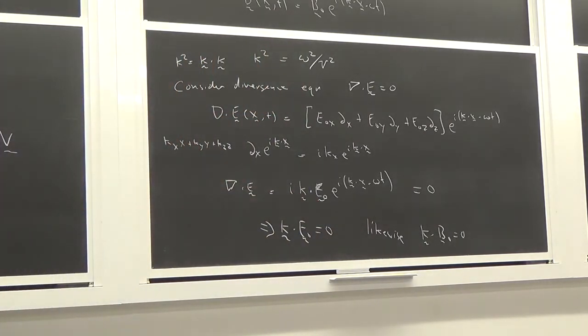So the conclusion: remember that k is a vector pointing in the direction of the wave propagation. That's the direction the wave travels in.